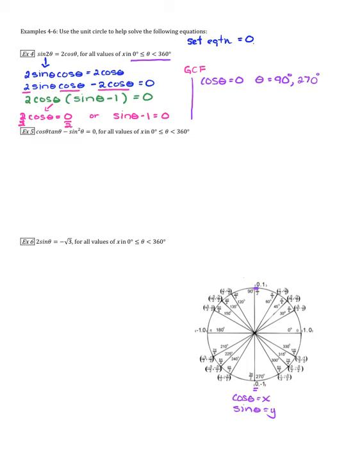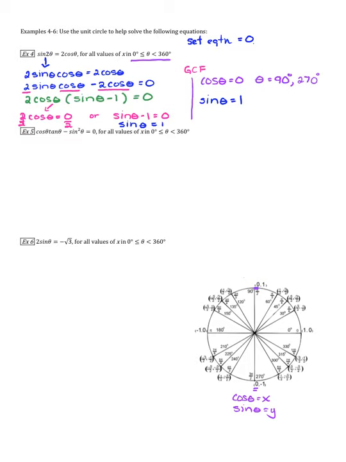Now let's look at our sine equation. We have sine theta minus 1 equals 0, which is the same thing as saying sine theta equals 1. So where does sine theta equal 1 is like asking where are the y values equal to 1.